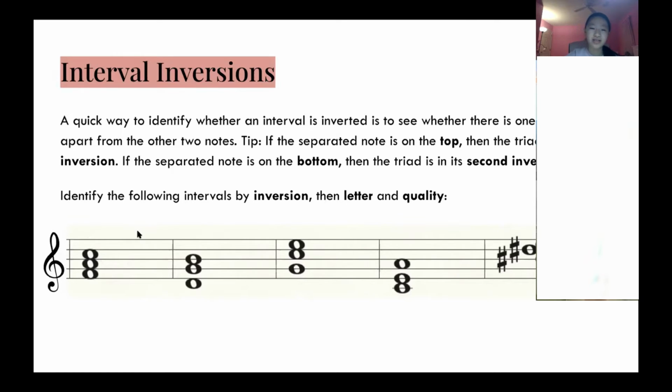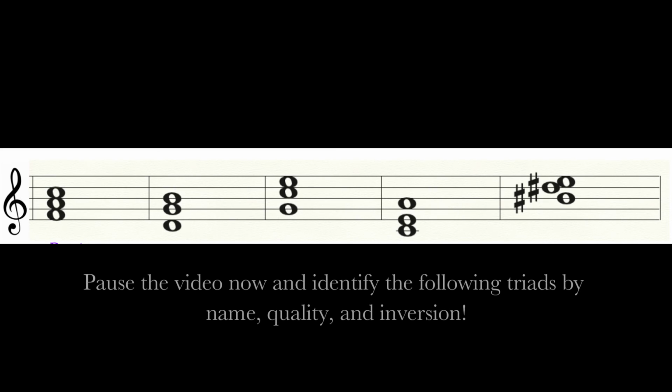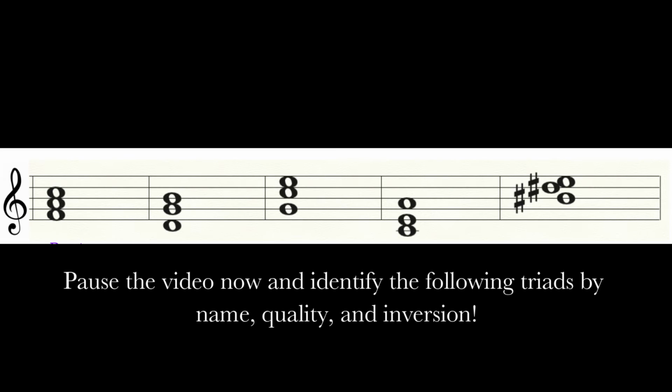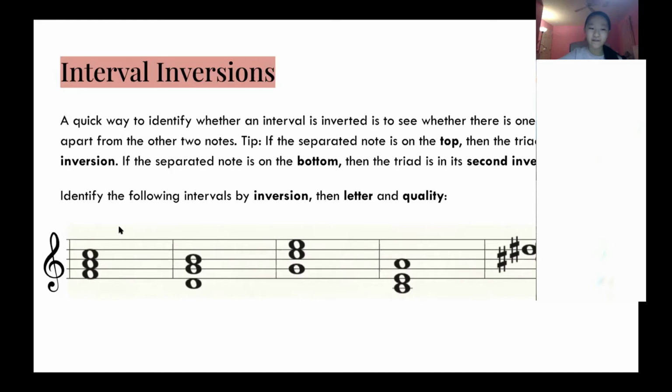I think this one's pretty easy, so you can just type the letter and quality of it too. Okay, good. So correct, this is an F major triad in root position. Now we're going to go to the second one.